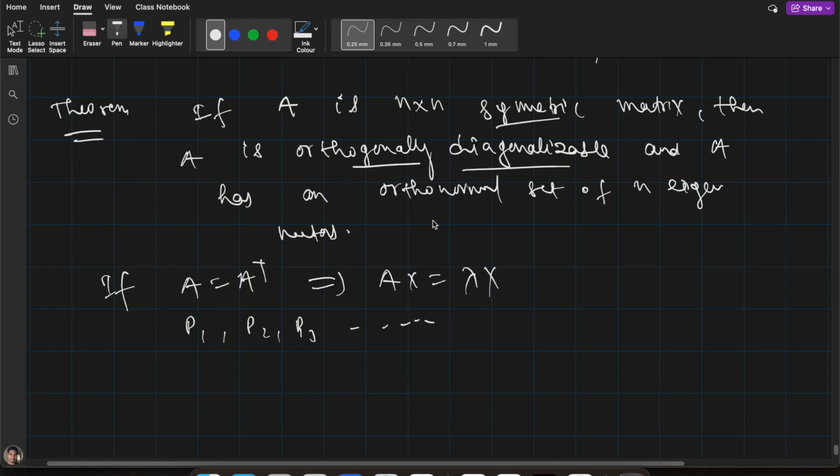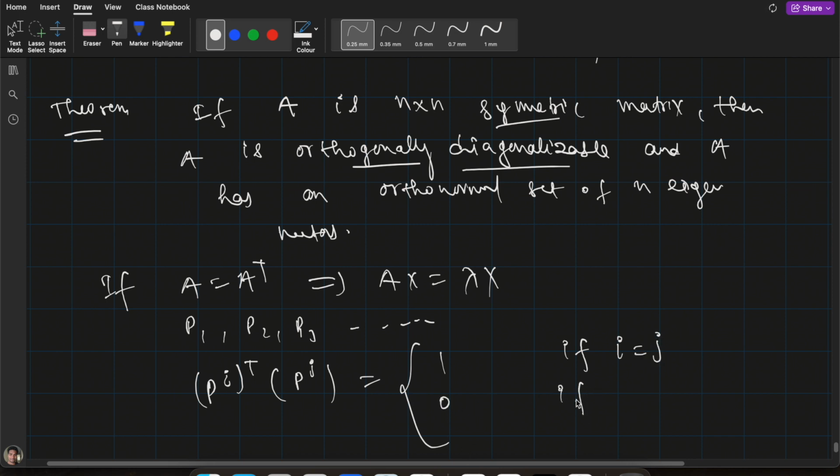What does it mean by orthonormal set? If you take pi transpose pj, and this value is 1 if i equal to j, and its value is 0 if i not equal to j, so this set is called what?